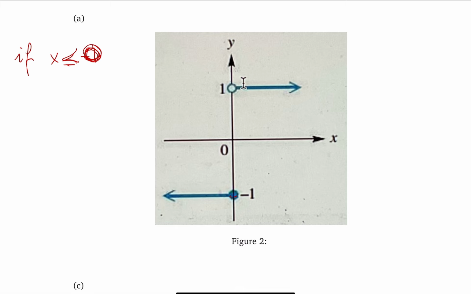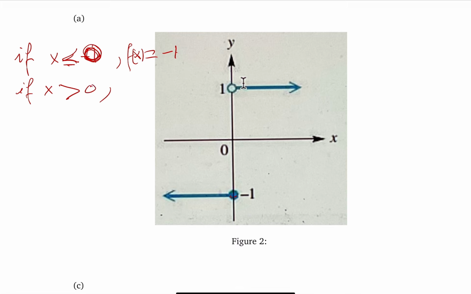So now if x is negative, then the function f(x) is equal to -1. If x is on this side, if x is negative, then you have -1, of course. Now, if x is strictly positive, so what do you get?